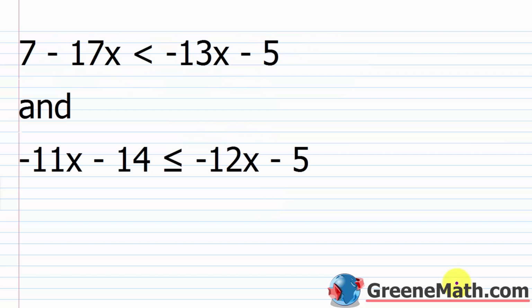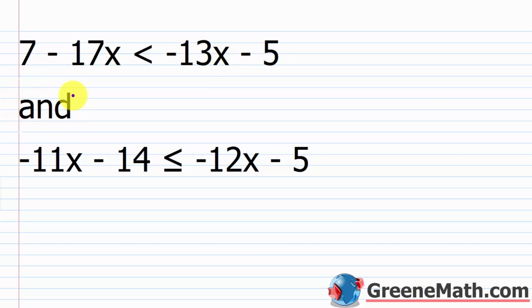I want to jump into some more complex problems with and. These are problems that we typically cannot write as a 3-part inequality. So you see that you have more variables involved. With a 3-part inequality, you can break that up and use and, but you just have one variable expression in the middle. You have a number on the left side and a number on the right side. With these, you have 7 minus 17x is less than -13x minus 5.